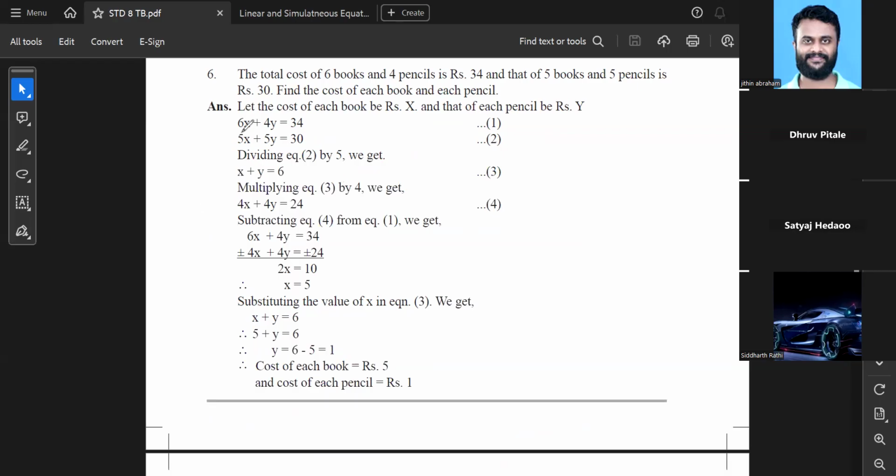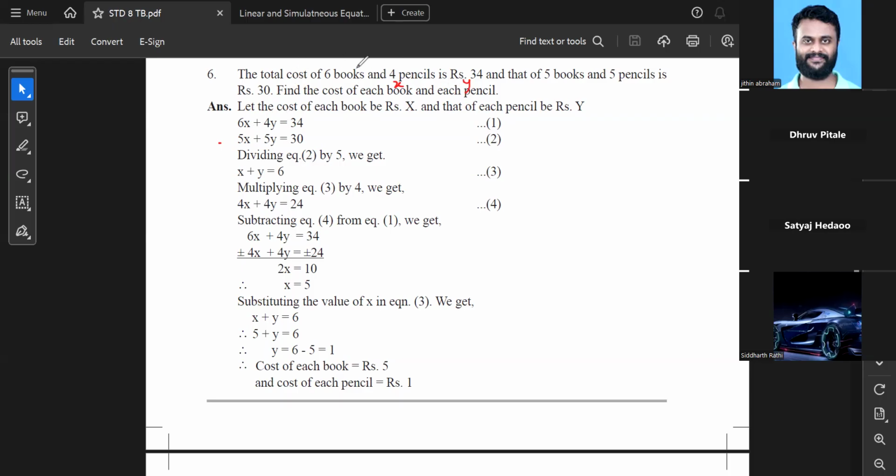Now, the total cost of 6 books and 4 pencils is 34. And that of 5 books and 5 pencils is 30. Find the cost of each book and each pencil. So let me consider the cost of each book is x and the cost of each pencil is y.